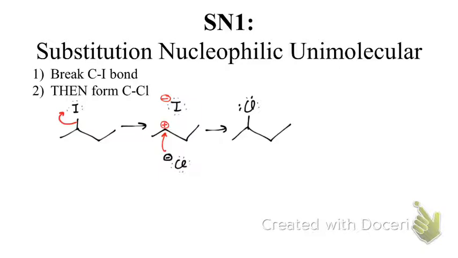What does that 1 stand for? It refers to this first step. That's a big hint. We've got 2 possible steps here, step 1 and step 2. Which of those do you think is the slowest step? Why is step 1 slower?